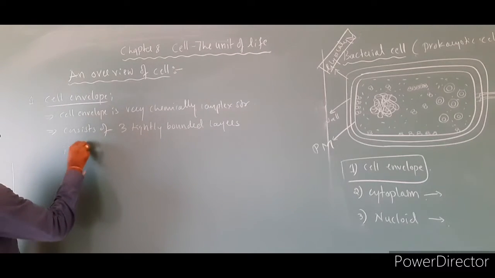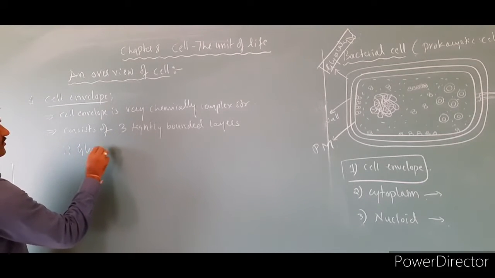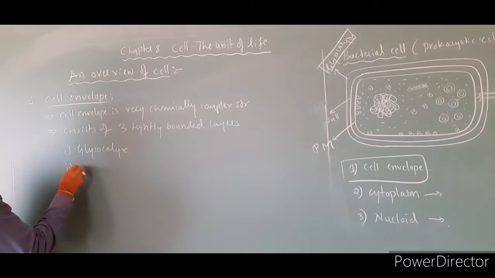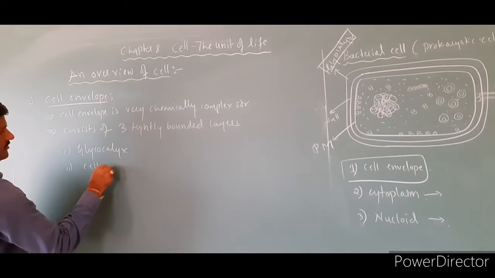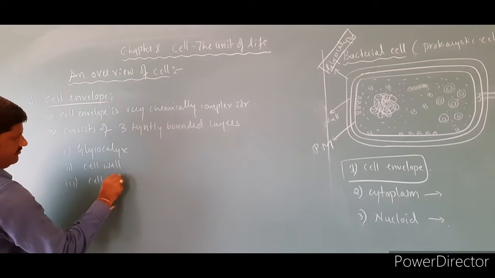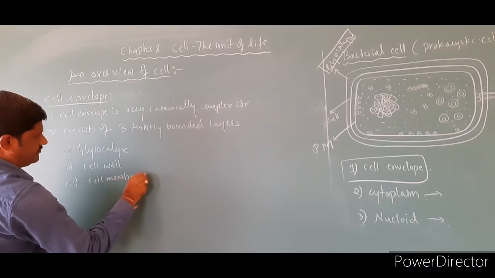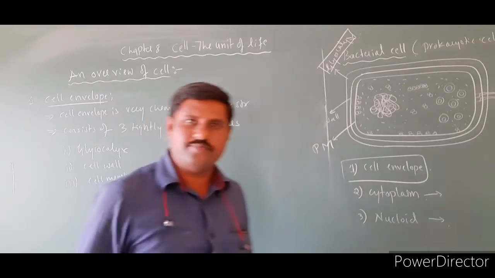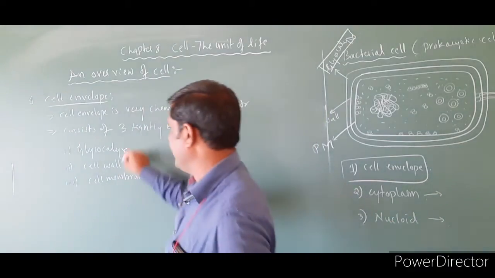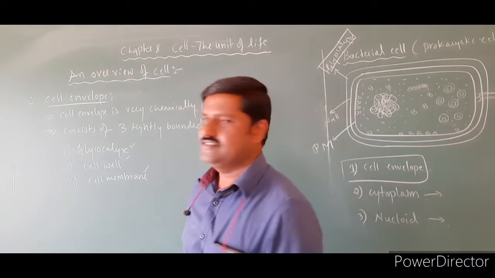First one is the glycocalyx, second one is the cell wall, and third one is the cell membrane. So there are three major parts that we come across in the envelope. What are those? Glycocalyx, cell wall, and cell membrane.